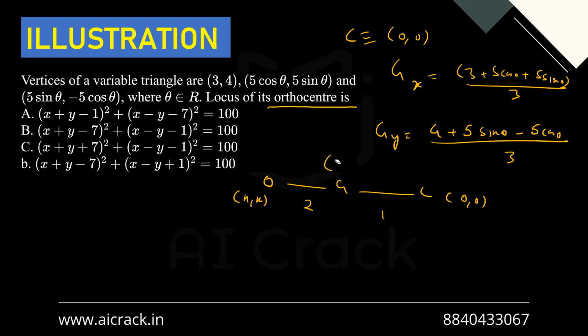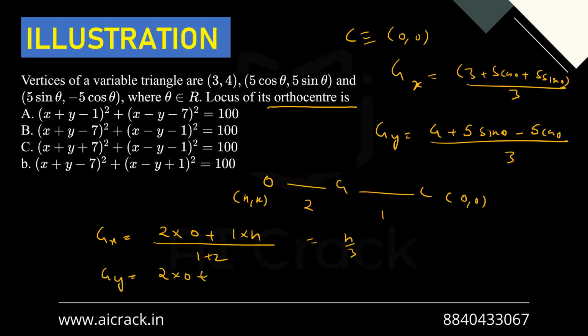Gx equals (2 times 0 plus 1 into h) divided by (1 plus 2), that would come out to be h by 3. Similarly, Gy would be (2 times 0 plus 1 times k) divided by (1 plus 2), that would come out to be k by 3. So we have got the values of Gx and Gy from here as well, and we have got the values of Gx and Gy from the centroid as well.